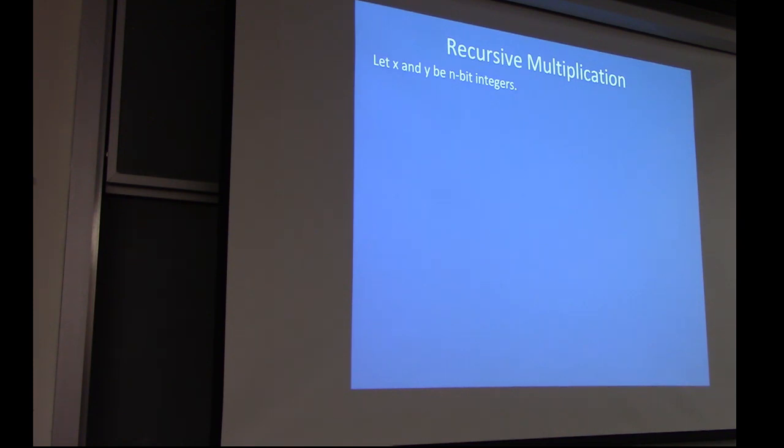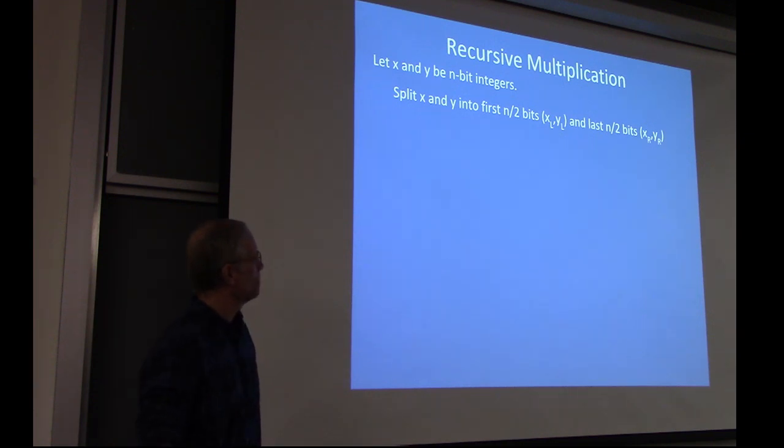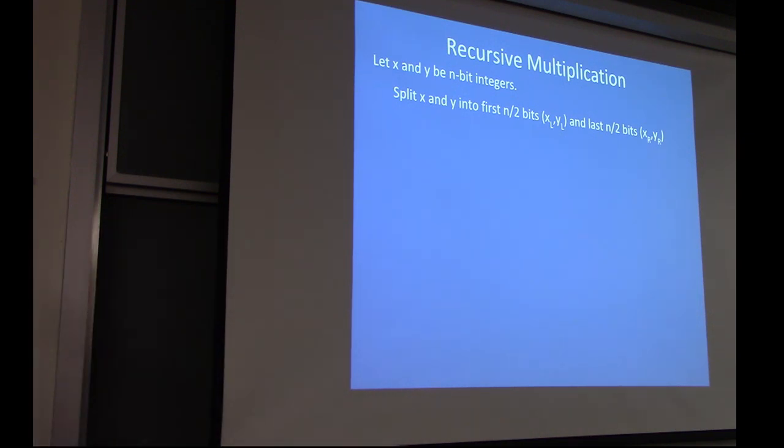So let x and y be n-bit integers. We're going to split x and y into halves. So I'm going to call the left halves x sub l and y sub l, and the right halves x sub r and y sub r. And you'll have to agree that x is equal to, is that right?